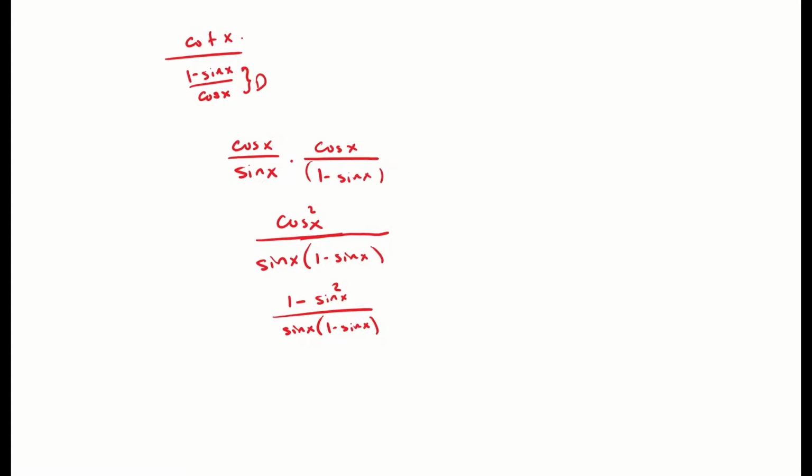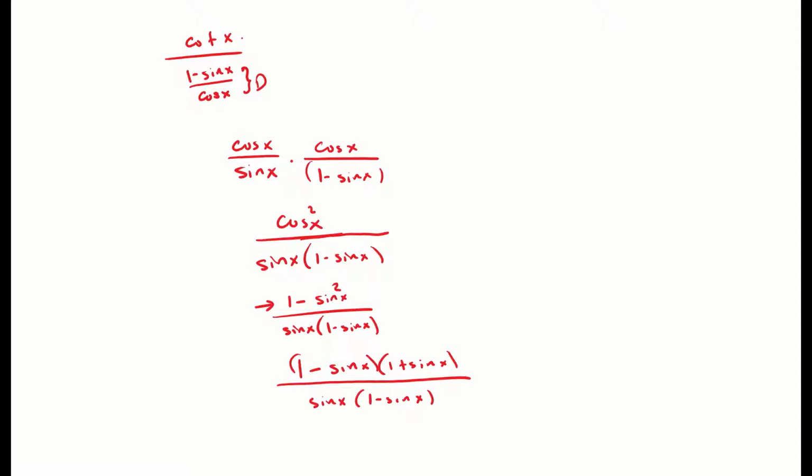And so we can recognize this numerator is a perfect square. If I were to factor it, my factors would become 1 minus sine x times 1 plus sine x, all over sine x times 1 minus sine x.